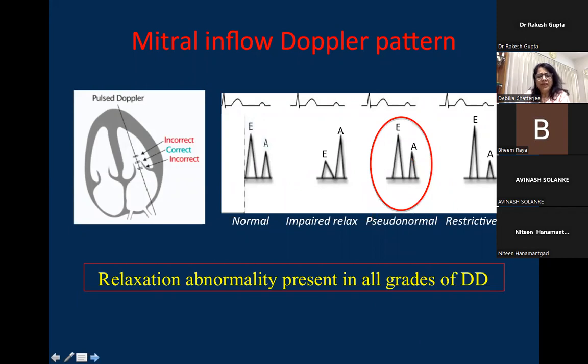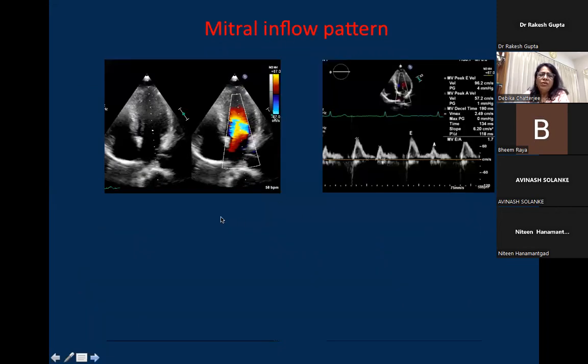Now, if you look at these two, this pattern where E wave is more than A and the normal pattern where E is more than A, they look very similar. So how to differentiate these two patterns? Look here, this is a patient who has come for a normal heart checkup, and we get E wave more than A wave.